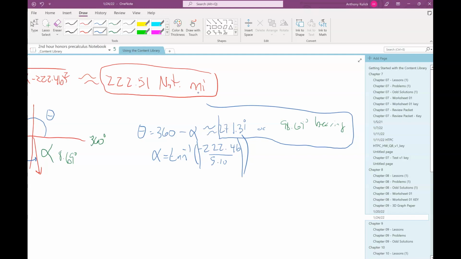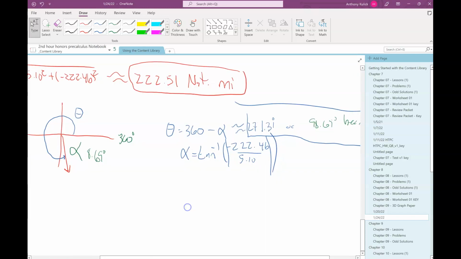Oh my goodness. That's not right. That should be 88.69. So that's 178. That didn't make a lick of sense when I looked at my picture.